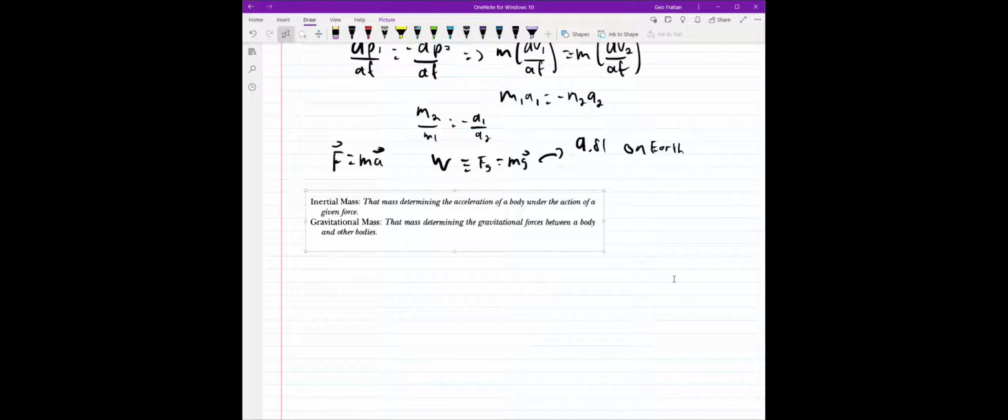So we've come to this conclusion because we observed that stuff is attracted to the Earth, and that's the force of gravity, or the gravitational mass, which is the mass determining the gravitational forces on a body. And then there's the inertial mass, which is how resistant you are to an acceleration. And you're like, well, how can we only ever use one mass? That's because of the principle of equivalence, which says these 2 are equivalent.